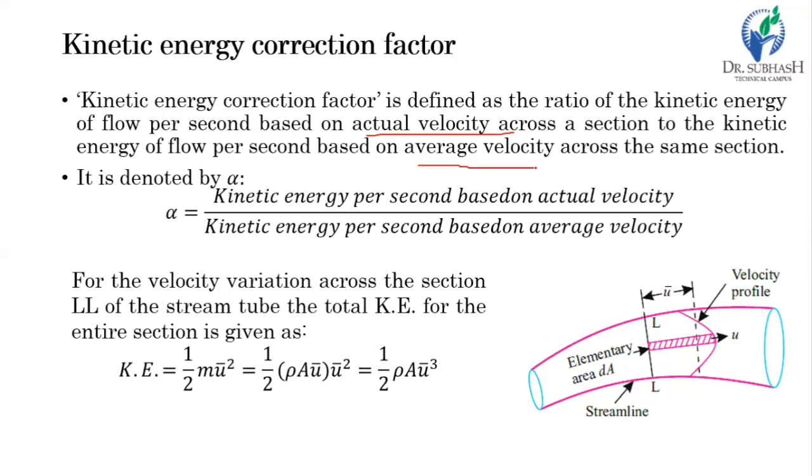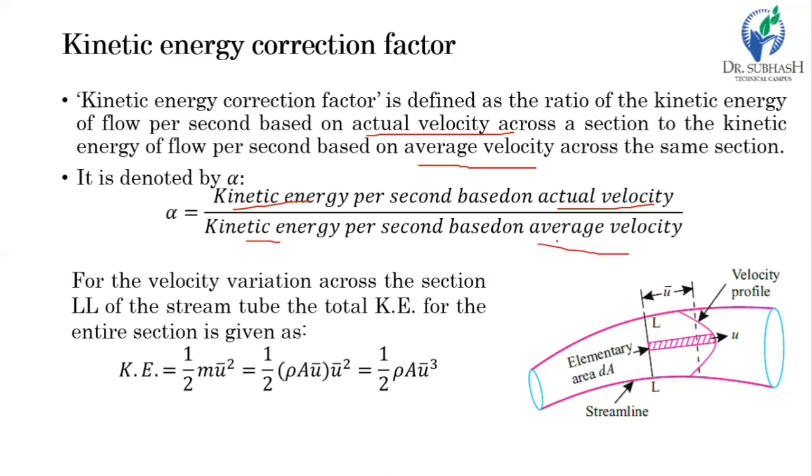So alpha is nothing but the ratio of the two energies. So it does not have any unit. It is the ratio of the kinetic energy considered based on the actual velocity, and the kinetic energy based on the average velocity.